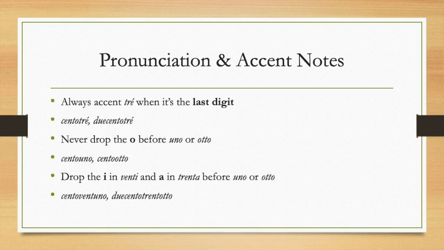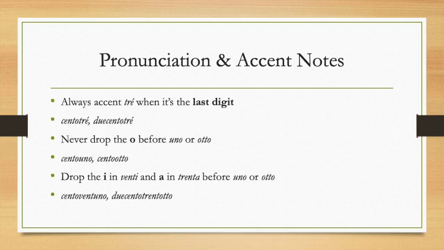Also remember to drop the E in 20 and the A in 30, 40, and so on, before uno or otto. So for example, 121, 238, 451, and so on.